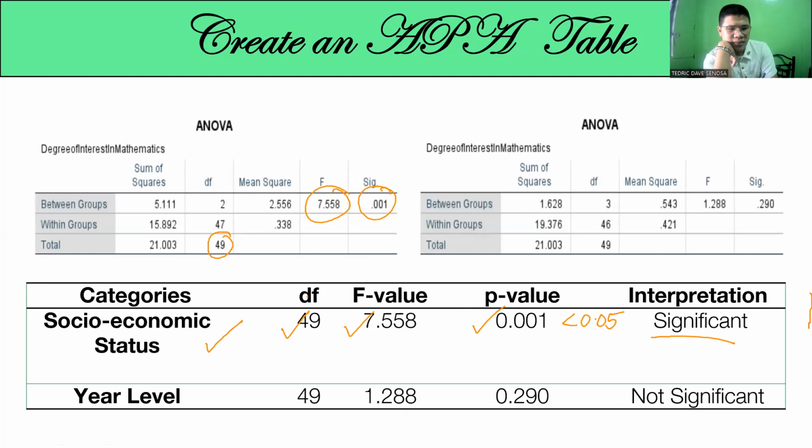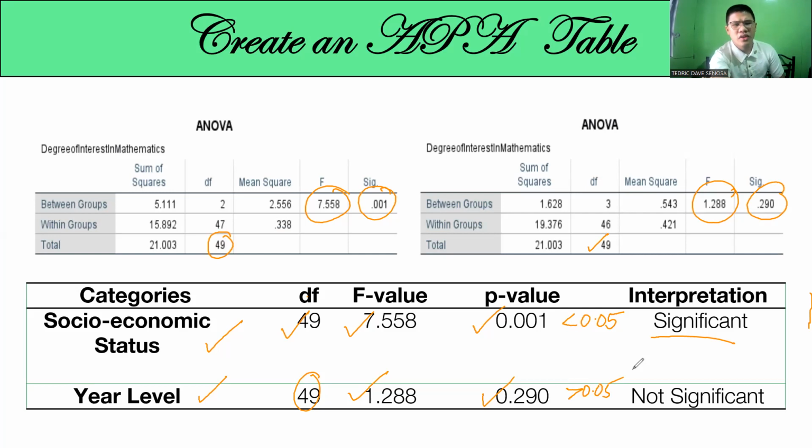And for year level, the same DF, 49, then your F, then your p-value here. Since it is greater than 0.05, it is not significant. I hope that's very clear.